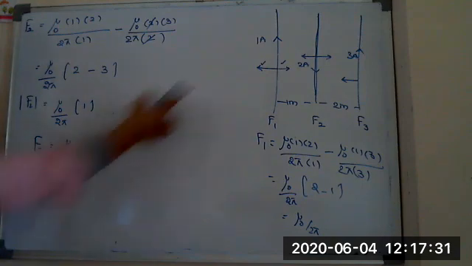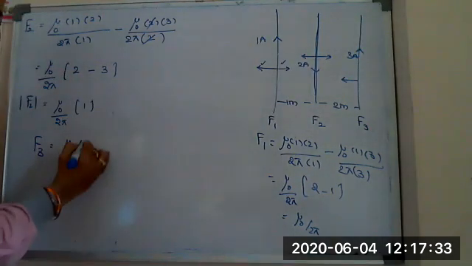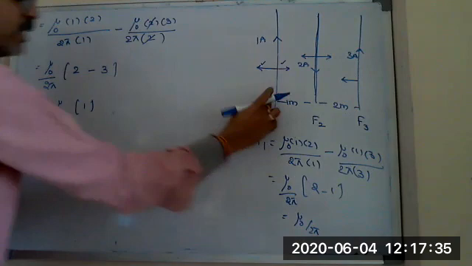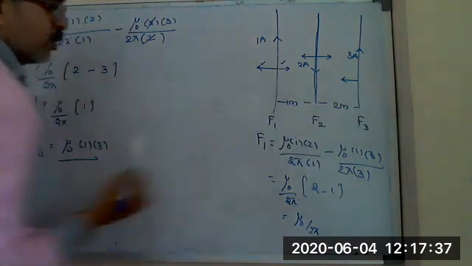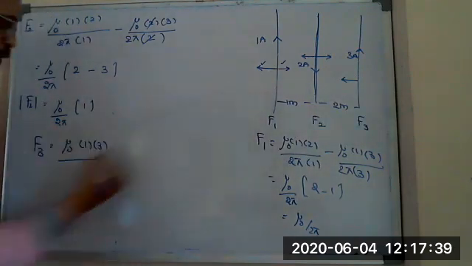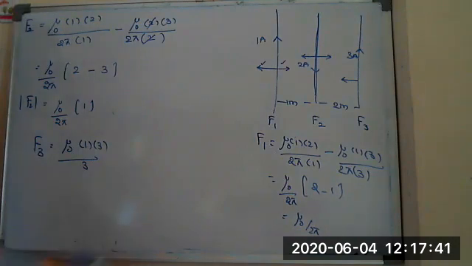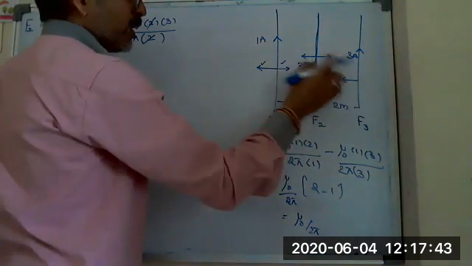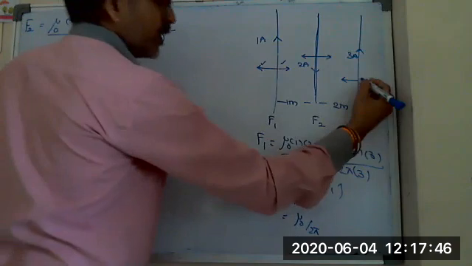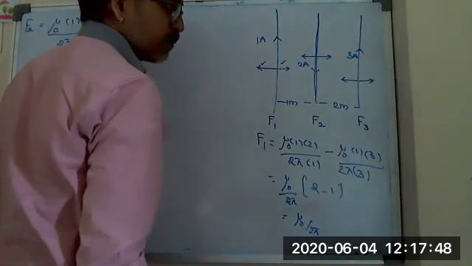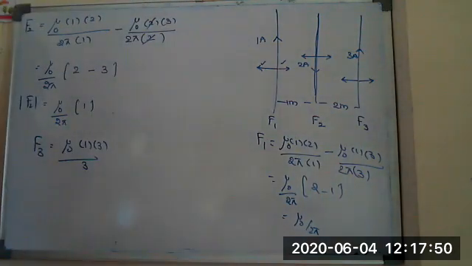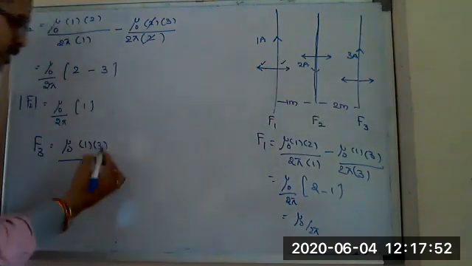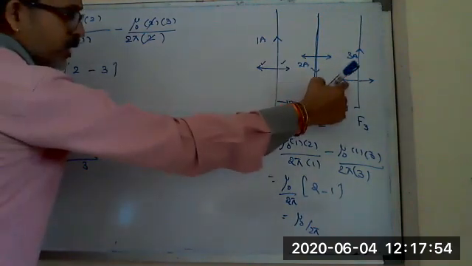Mu naught I1 I3, 1 into 3, by the distance, which is 2 plus 1, totally 3. And here these two are in opposite direction. Opposite direction means repulsive. Repulsive means the force between these two is minus, in opposite direction to the first.